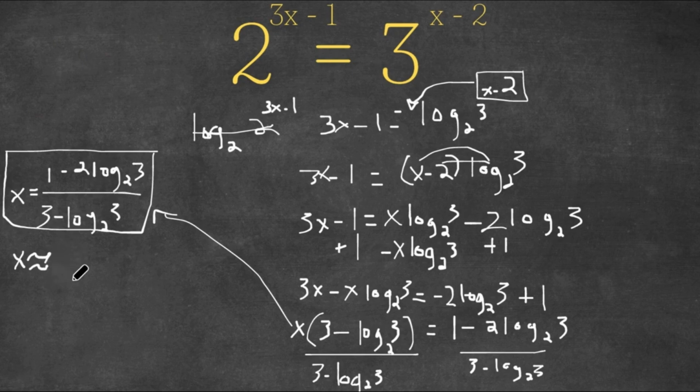We need to use a calculator. So if I use my calculator here, I get negative 2.946. And this is my approximated answer. So this is how you solve this exponential.